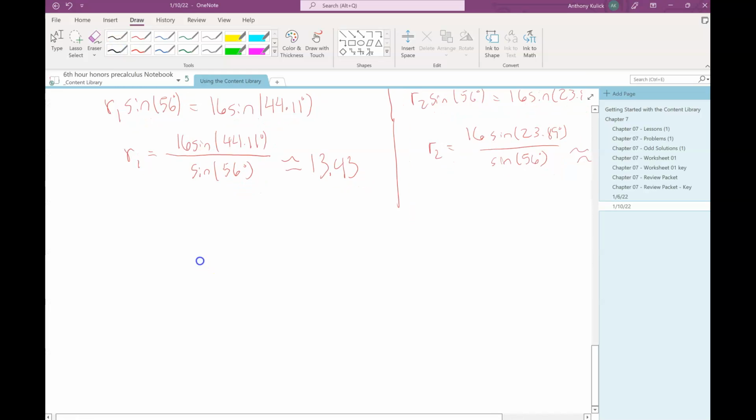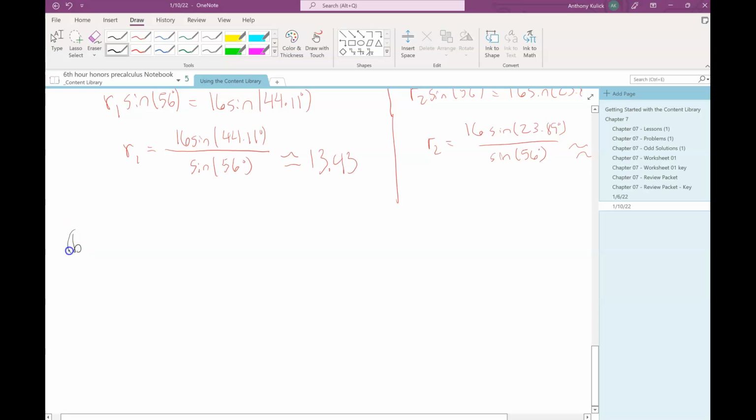All right. Let's do another example. So here we have angle A is 74 degrees, side a is 2.5, and side c is 4.9.